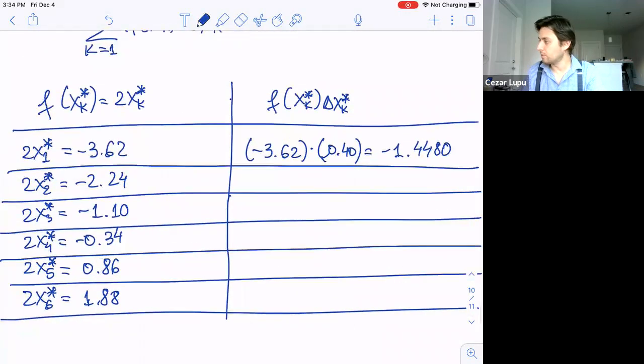The second one is negative 2.24 times 0.67, which will be negative 1.5008.